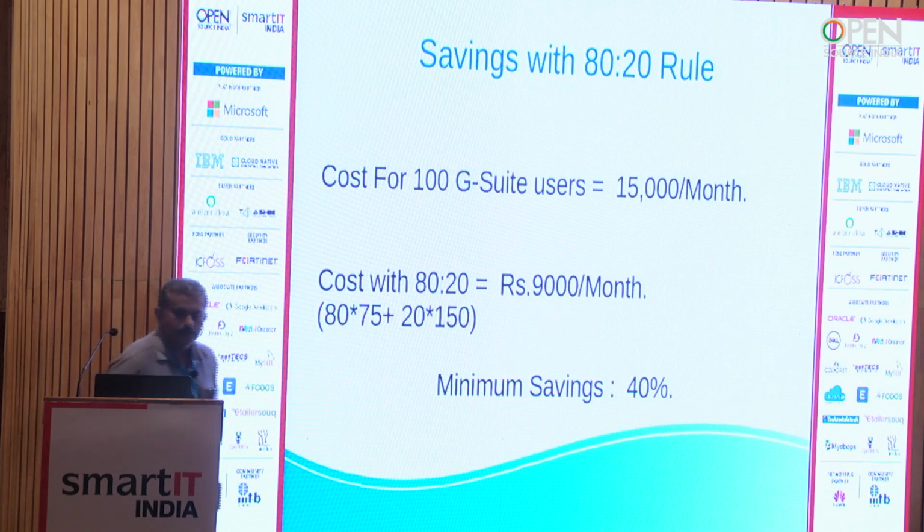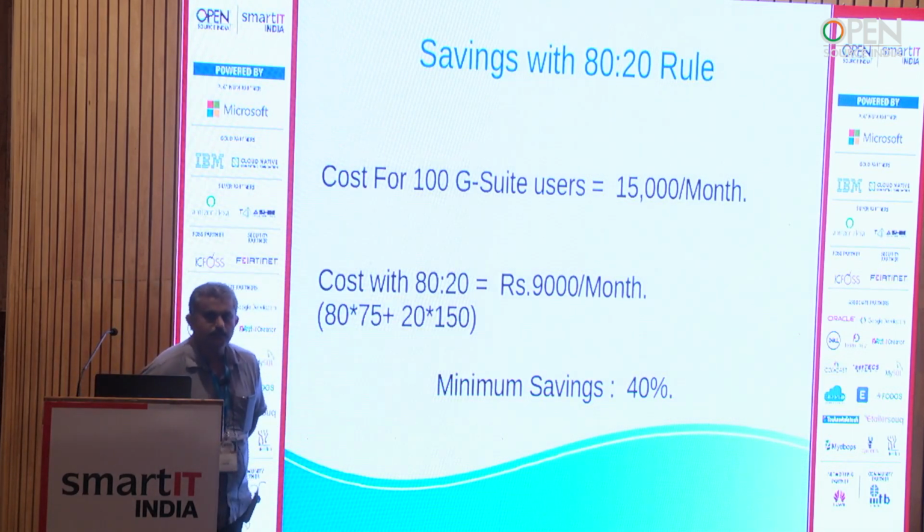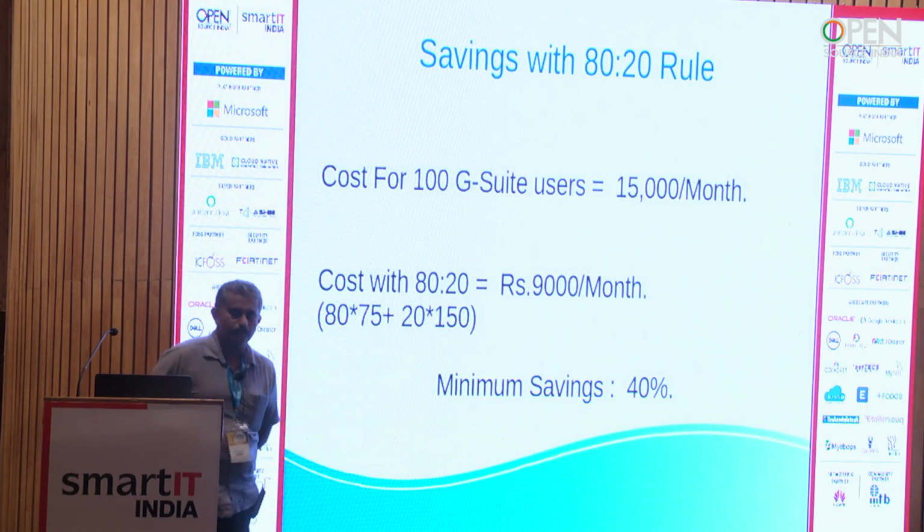Here, for 100 G Suite users, G Suite is charging nearly 150 rupees per mailbox. So this is going to be 15,000 per month, correct. And if we take iRedMail, the cost of the mailboxes is just 75. In a typical practical setup it will be much lesser than 75 rupees, but we sell it at 75 rupees per mailbox.